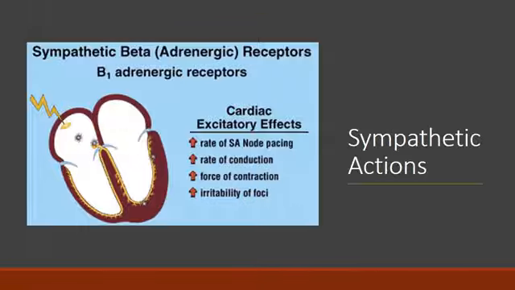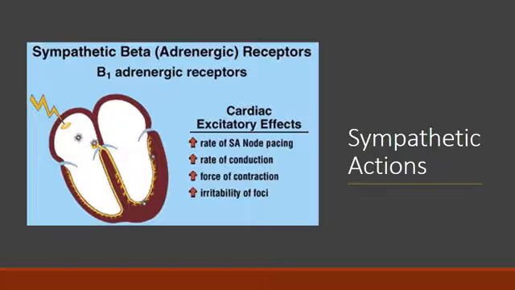So as you can see, the sympathetic nervous system actions are mediated by the beta adrenergic receptors, specifically the beta 1 adrenergic receptors, and the effects that we see from that are an increase in the SA node rate of depolarization, an increase in the speed of conduction along the conduction systems.